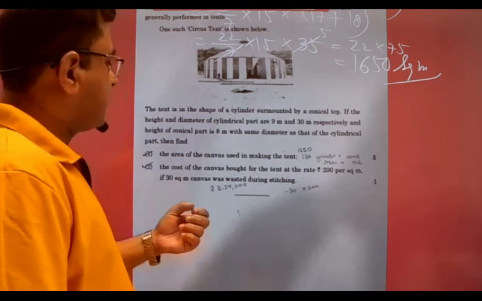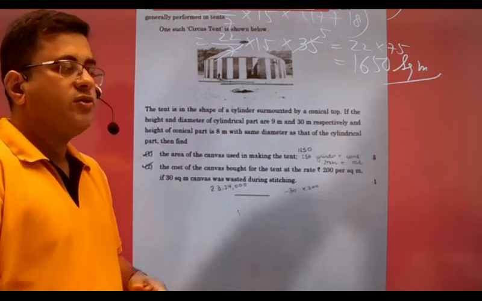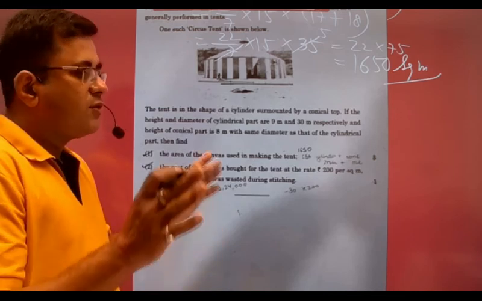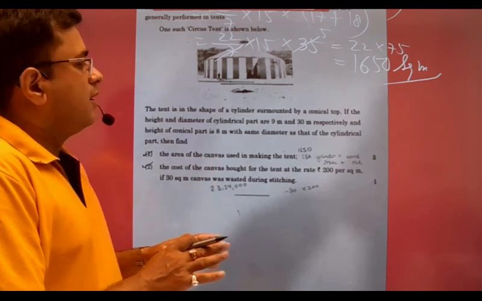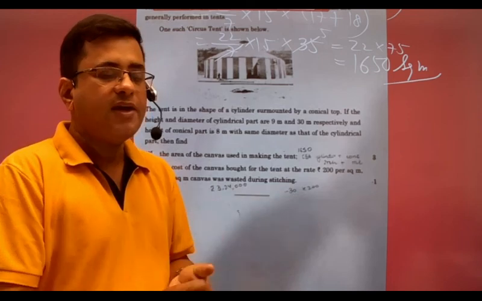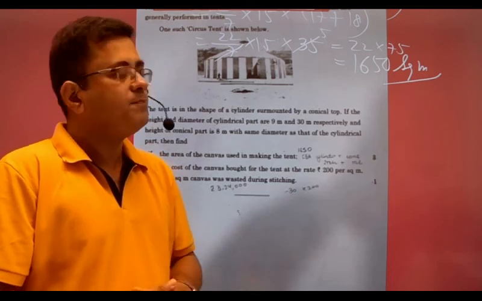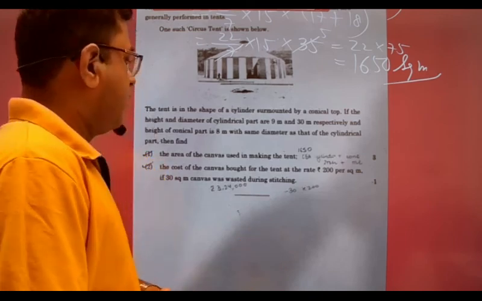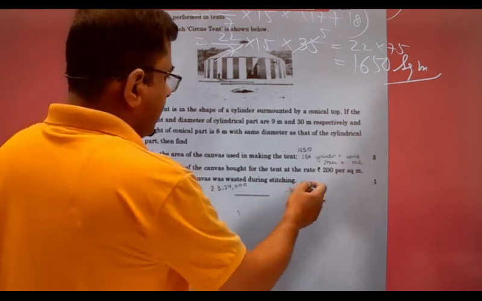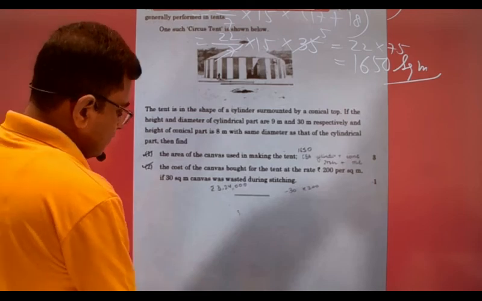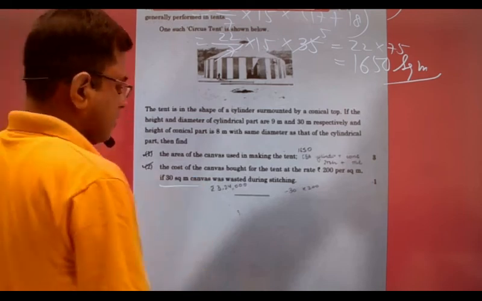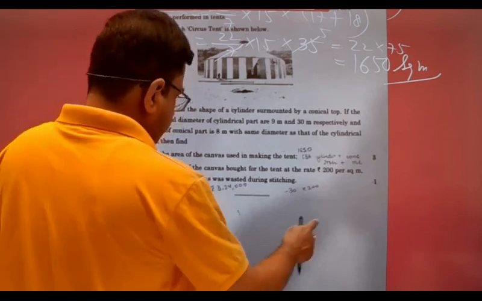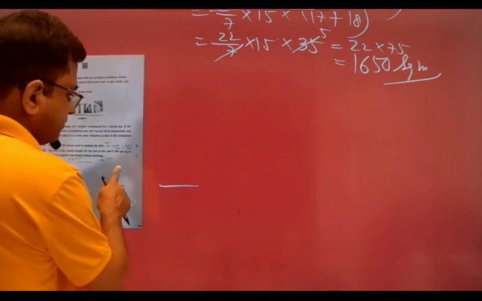When you buy the cloth, you have to buy the total area of cloth required for the canvas, and also the additional area required for stitching. It is given that the additional area is 30 square meter. Okay, so let us find out.